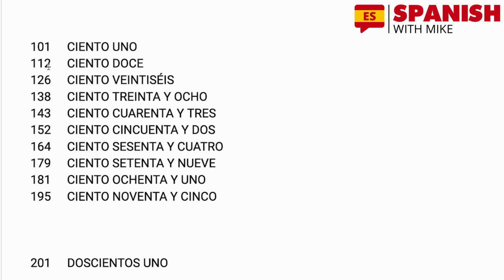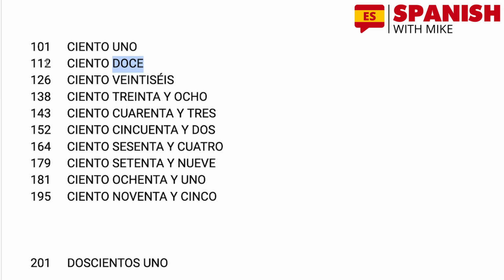So then we move to the hundreds. And with the hundreds, we just use the word hundred and the number that belongs to these two digits. So if we have 101, with the 100 we use ciento, and the one would be the unit, uno. 112 would be ciento, and the two digits, 12.